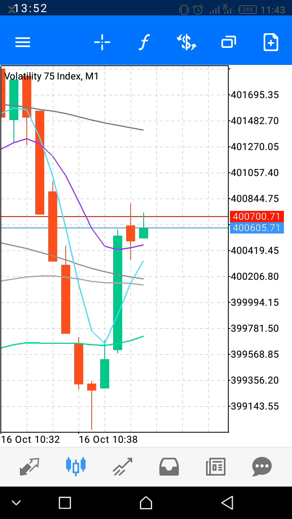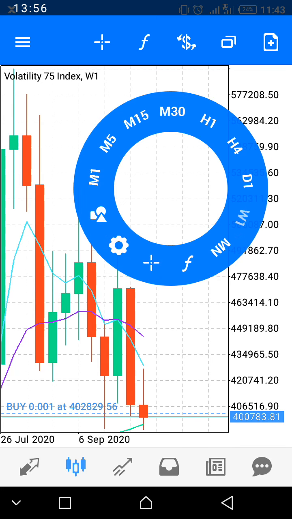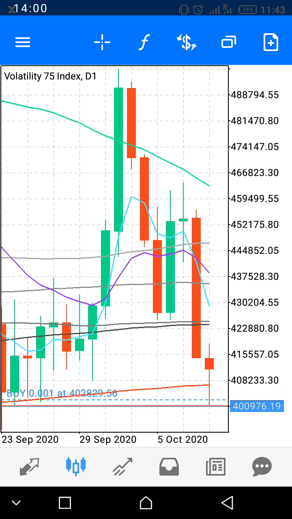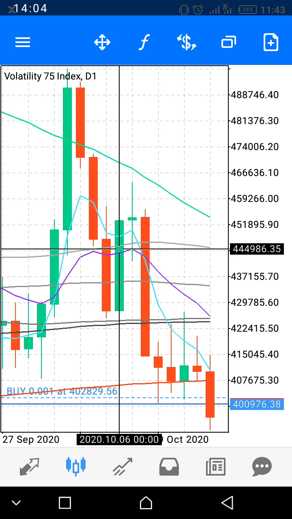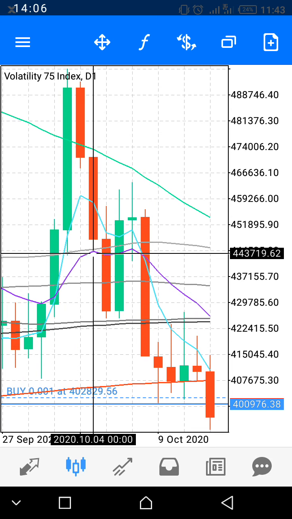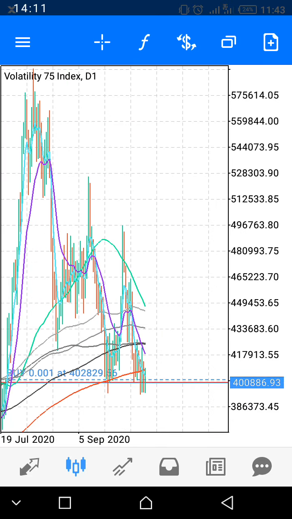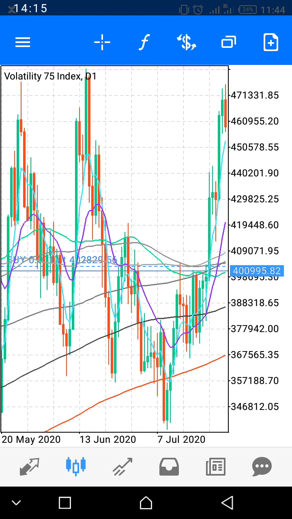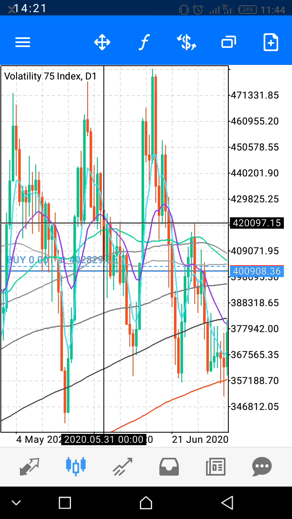Let me show that to you on a higher time frame. Let me show you on D1. As you can see here, when price got to this point, it started ranging. Likewise here, at this point.